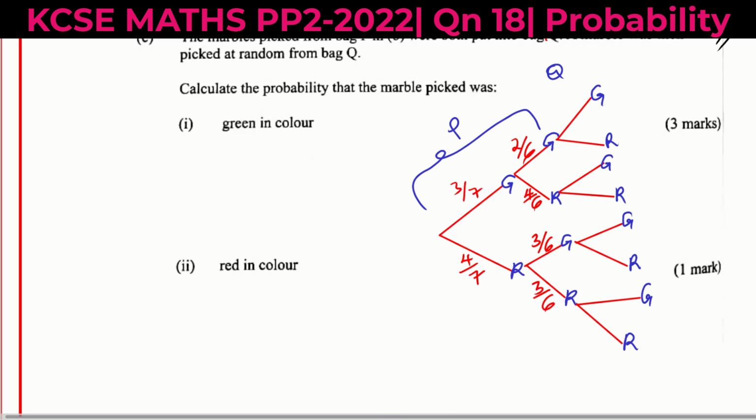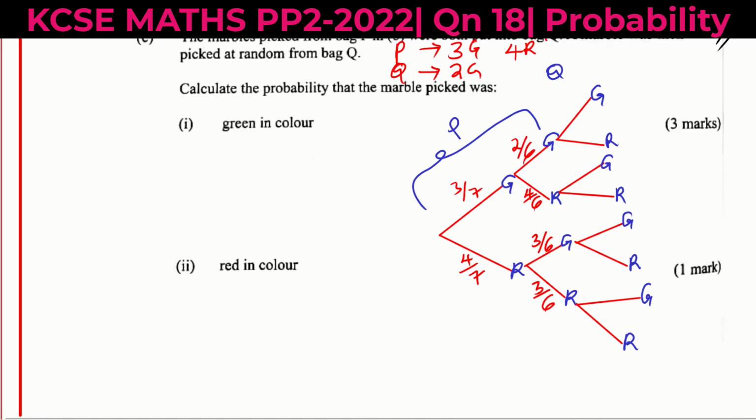So let me begin by looking at these bags, bag P and Q. Bag P contains 3 green marbles and 4 red marbles. Then for Q, it contains 2 green marbles and 3 red. So I'm doing this in order to get the total.